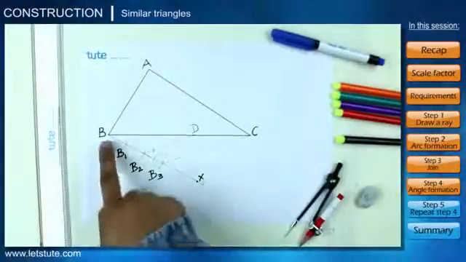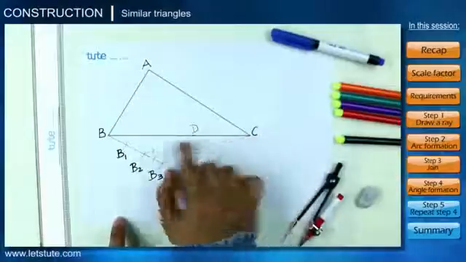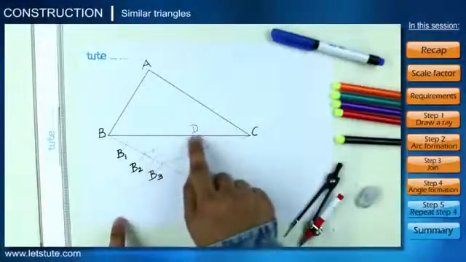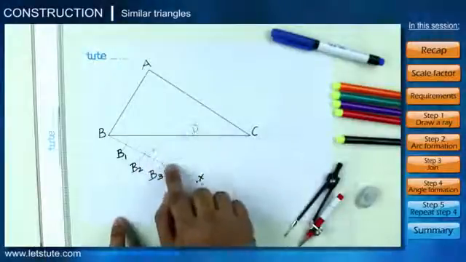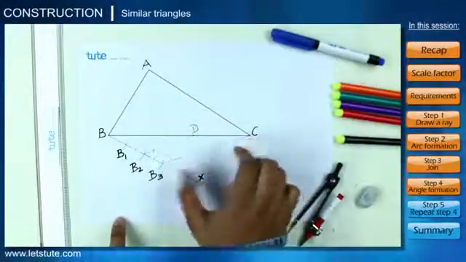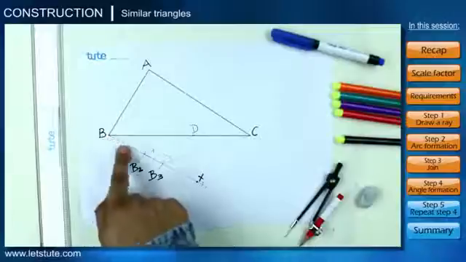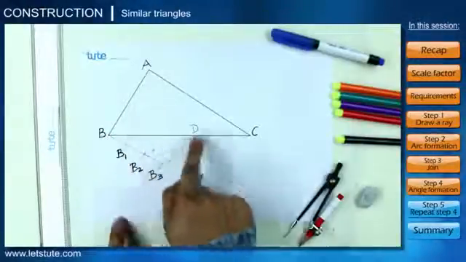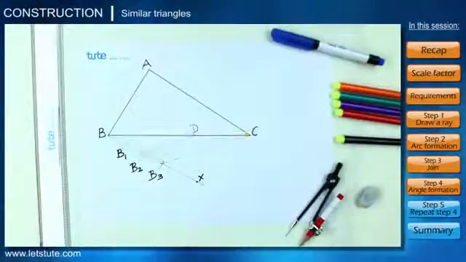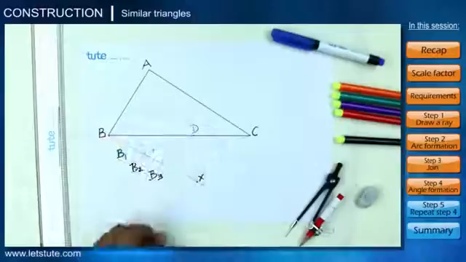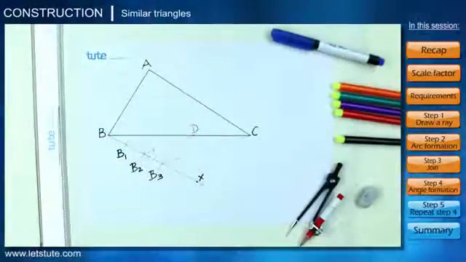If we consider B3C as one triangle, then the line segment B2D cuts this triangle in such a way that it's parallel to the side B3C. And if we take the ratios of these divided sides of the triangle, what we will get is a ratio of 2:1, which means we have successfully secluded two equal parts on one side out of the three equal parts.